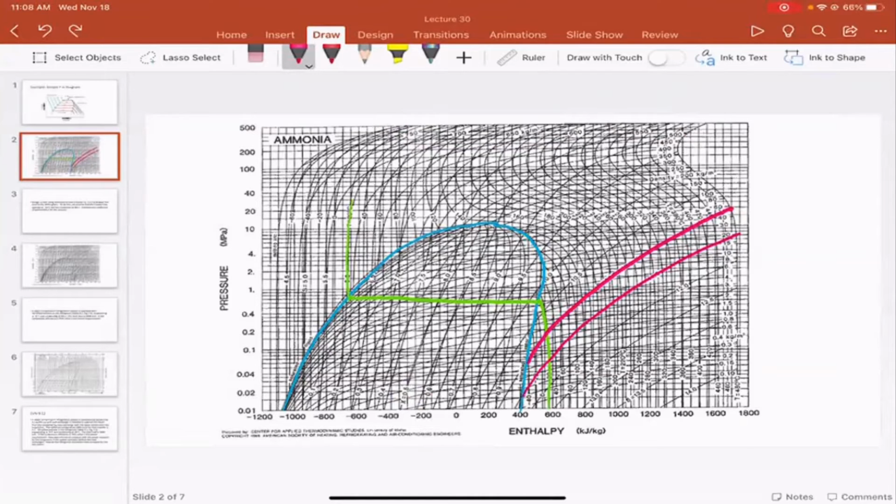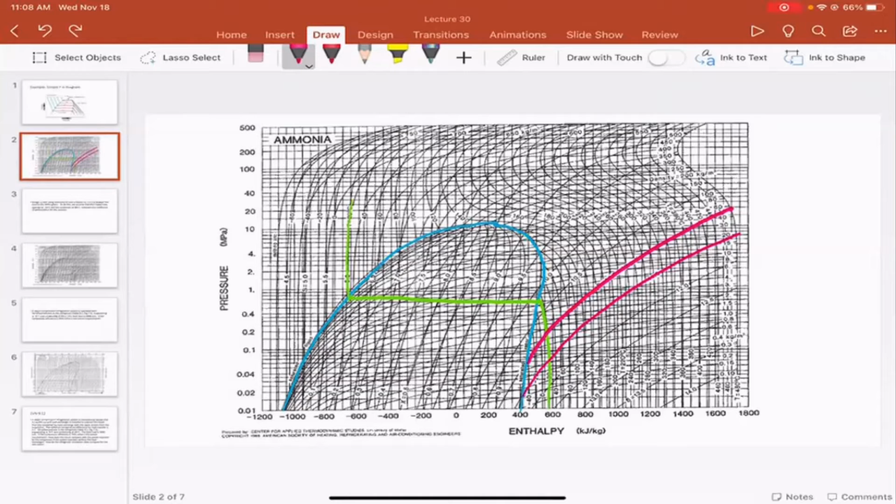So as long as on a diagram like this, you can identify where the saturation lines are and where the lines of constant temperature are and the constant entropy lines, we should be able to assess a refrigeration cycle.